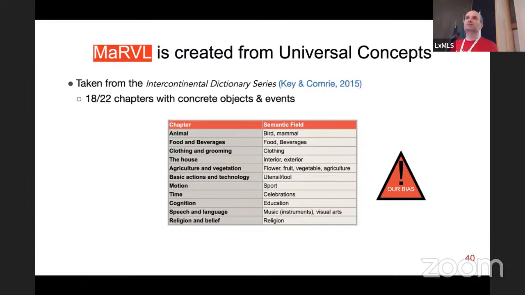So we're interested in images that maybe have things like animals or food or things to do with the house, or maybe things to do with celebrations or important religious events. We don't have much focus on the more abstract concepts that are not easily grounded. And this is where we introduce a bias into the data set. So this is something that's very difficult to avoid. You always have to make a decision when you're making these types of resources.